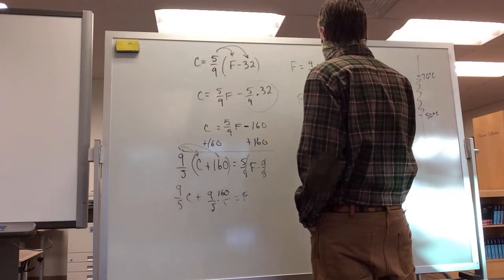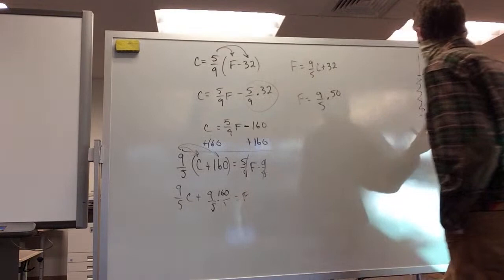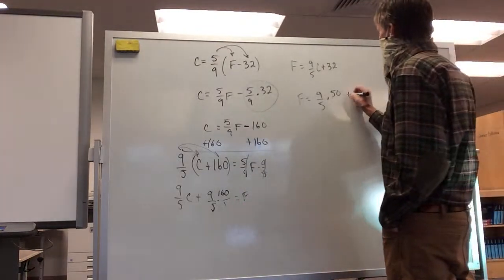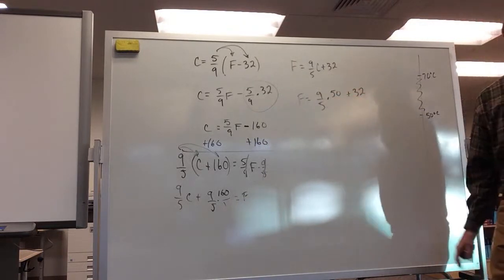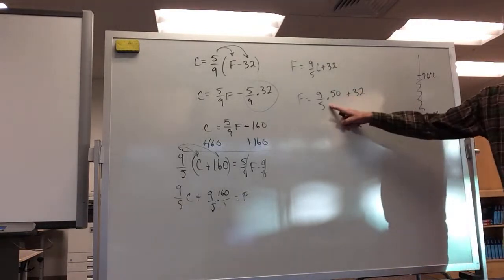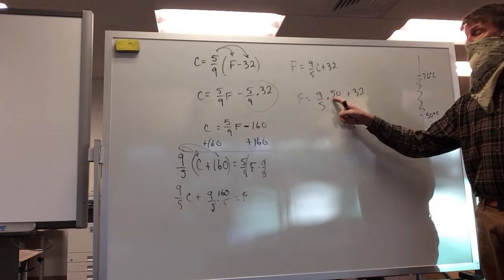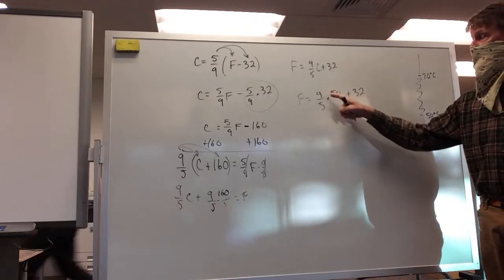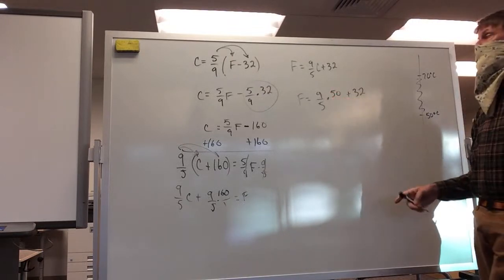So this is how I would always do it. In my mind, I knew it was 9/5 times the Celsius, plus 32. So here's what I would do. I would take 9 times the Celsius, then divide by 5, and then add 32. So 9 times 50, what's 9 times 5? 45.